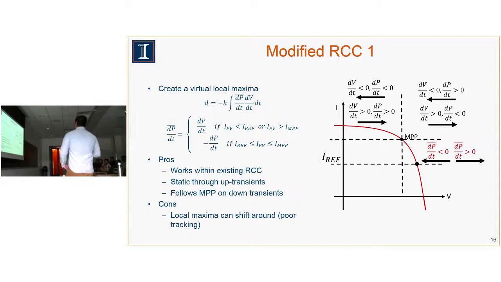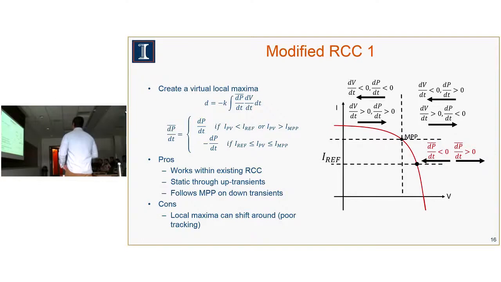Okay, the next one is just modified RCC1, and we're proposing you can introduce a virtual local maximum on the right side of the IV curve by flipping the sign of the power derivative about a certain reference current.